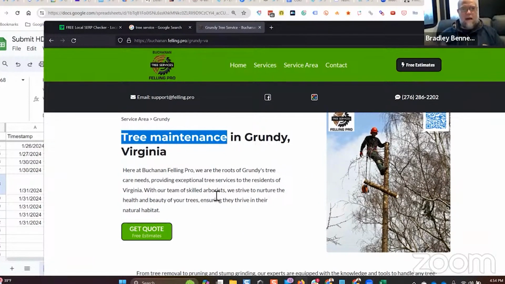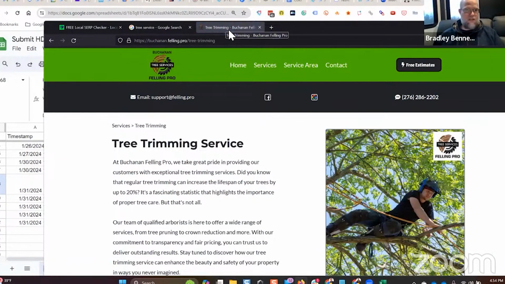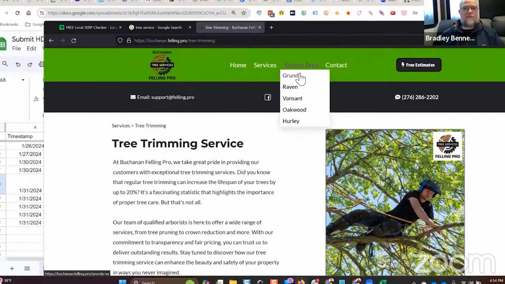And again, it's about optimizing service pages that don't need to be optimized for any one location. Again, go back and look at this as an example. There's no mention of location in these pages. It doesn't need to be. What we're trying to rank are the location pages. So if you optimize the location page for the top level topic or category term, then you can rank each location page for each service plus location.